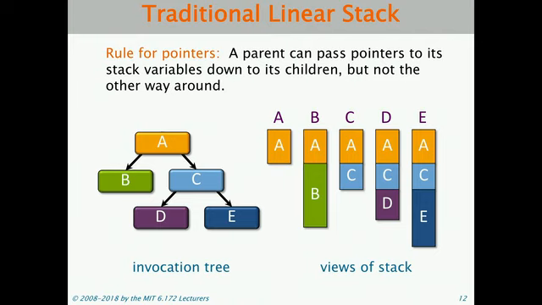So you can pass a pointer to A's local variable down to any of these descendant function calls because they all see the same view of A's stack, and that's not going to be overwritten while these descendant function calls are proceeding. But if you pass it the other way, then potentially the variable that you had a pointer to is going to be overwritten.